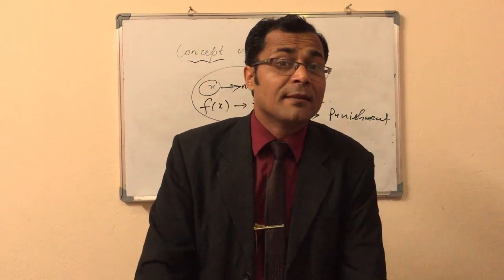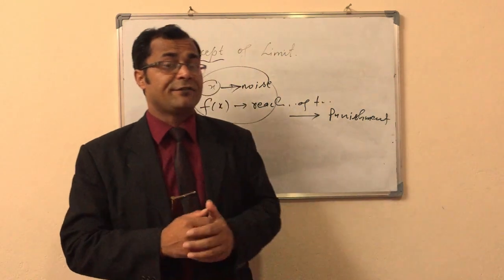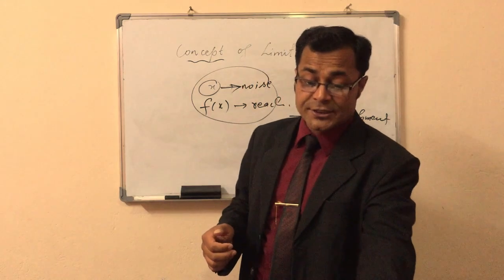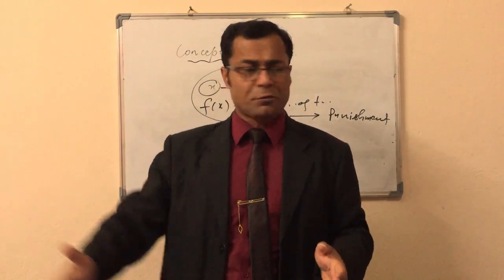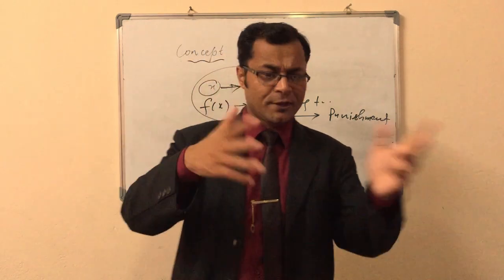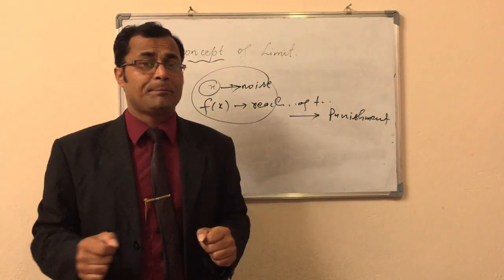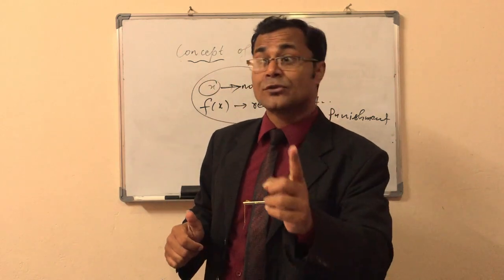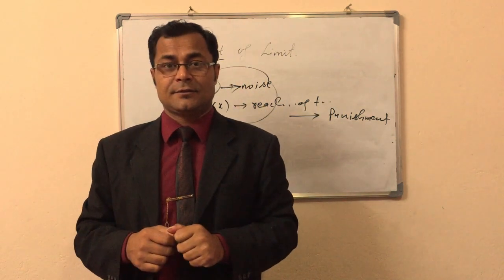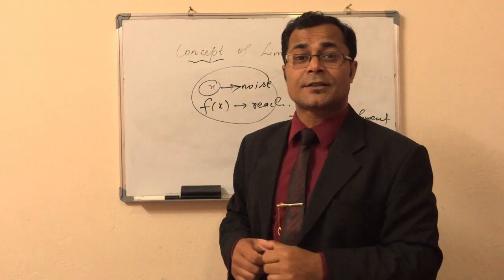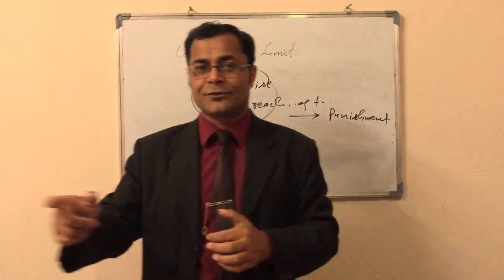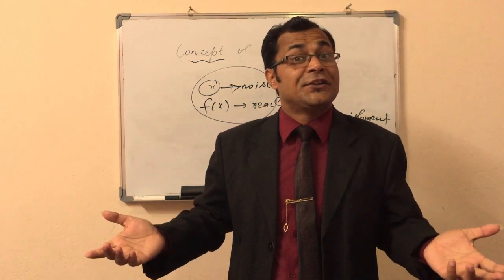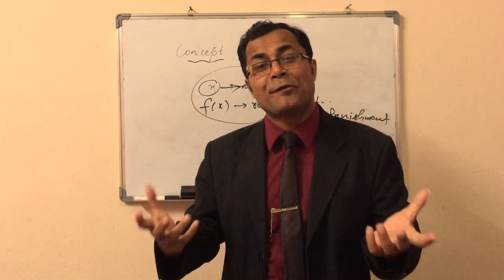I'll give you one example. Between a husband and wife, the wife suddenly raises the conditions. All right, you can do all these things. You can go here and there. You can do your work. You can chit-chat with others. No problem. But you are not supposed to flirt with other girls. If you start flirting with other girls, then the limiting value of our relationship will be divorce. See, everywhere there is limit.